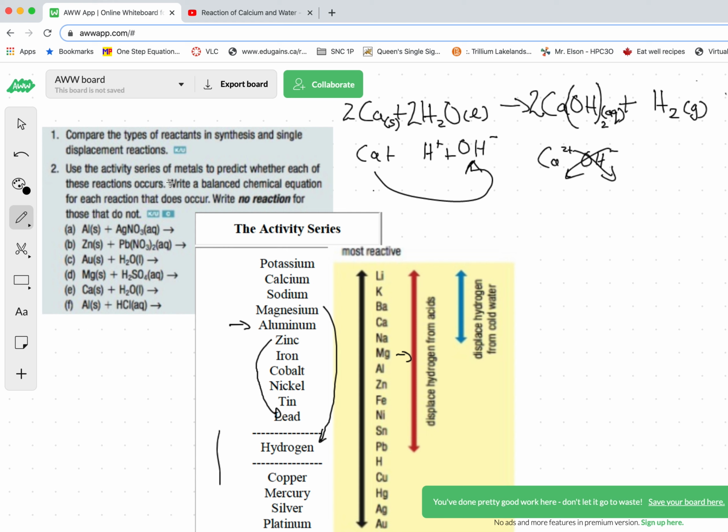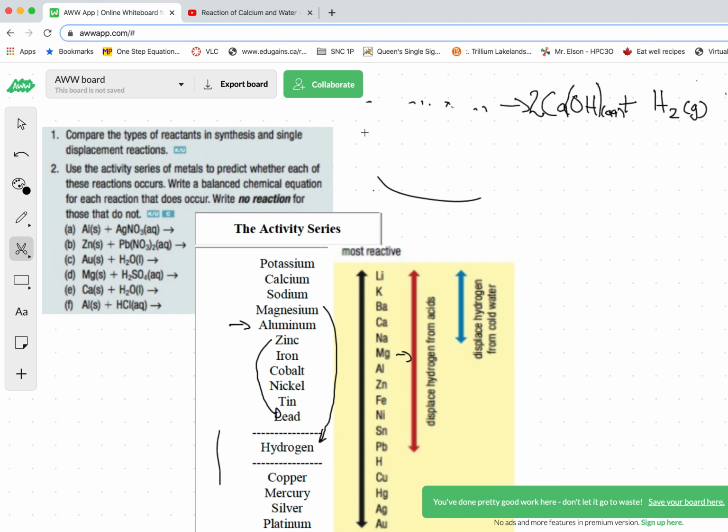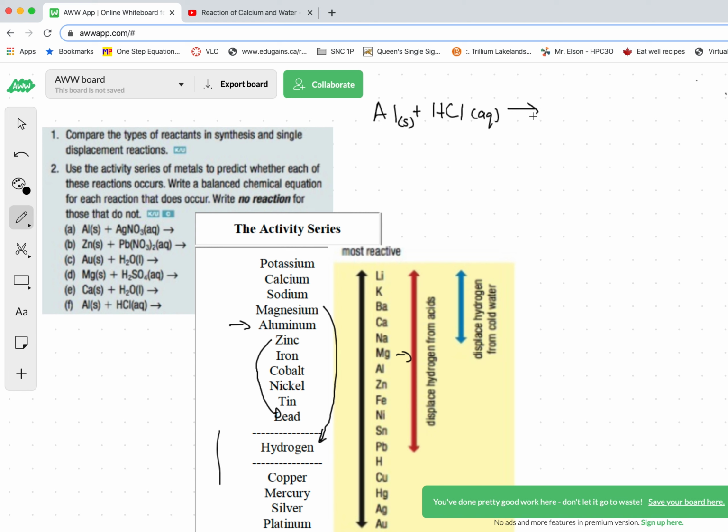And then finally, the last one, it's a similar scenario where I've got aluminum and hydrochloric acid again. And again, they give us solid. I should be consistent with my states because it's given. HCl is an acid, so it forms ions in water.